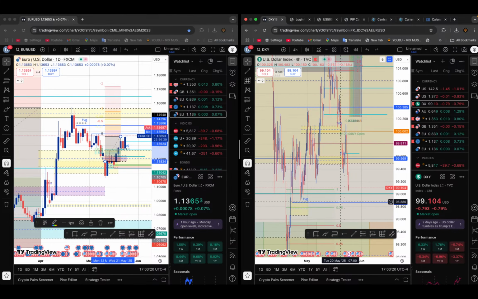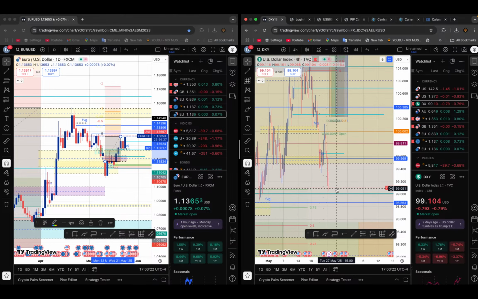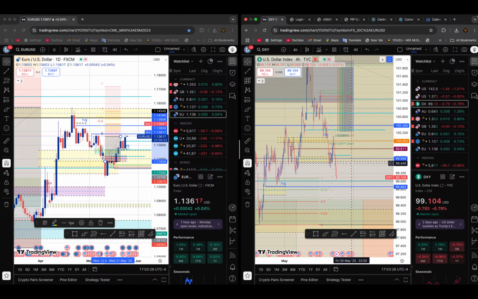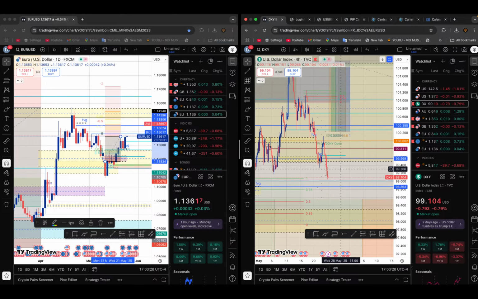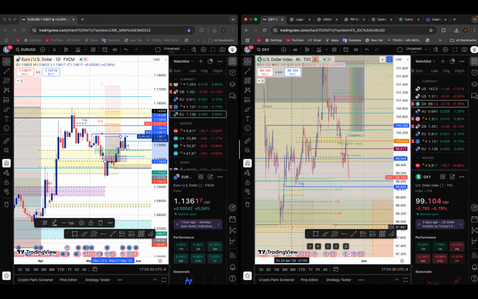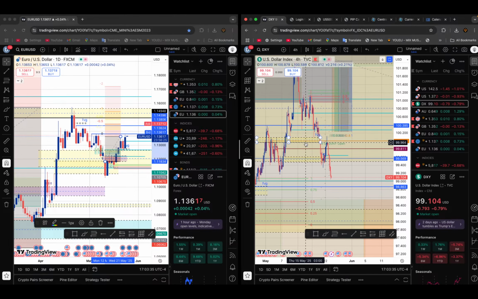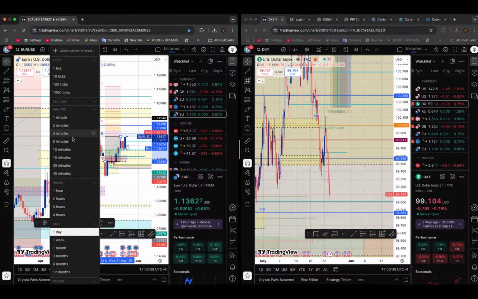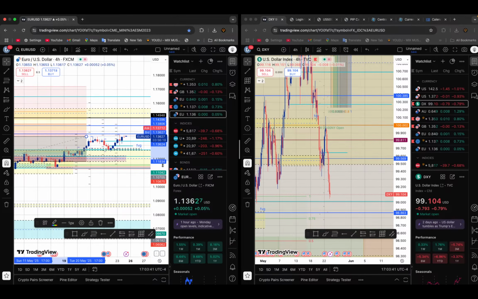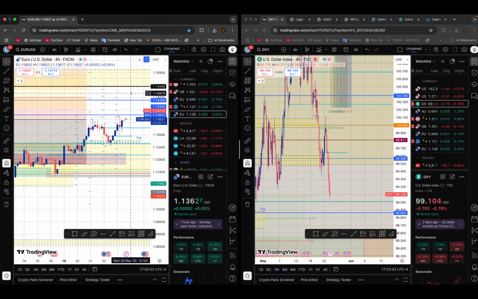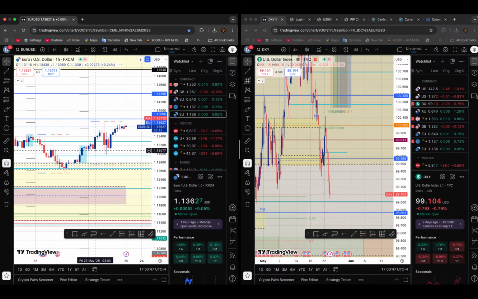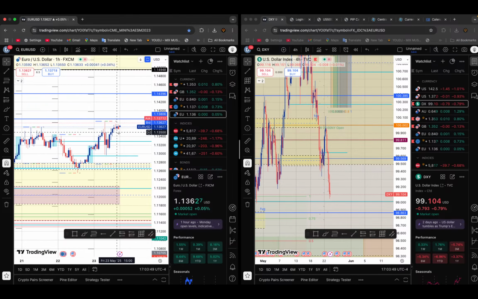If it gets to there and retraces a bit, we'll look for another entry, potentially by the grey area, to then seek this low. So let's look at it, it's 10 now, so price has opened up. It's creating equal highs here.